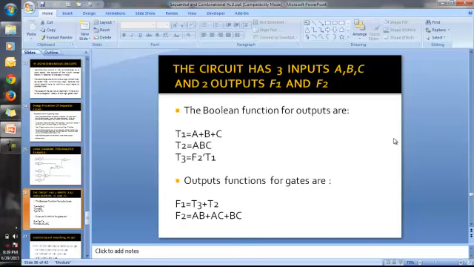Based on the circuit given there, the Boolean functions for the outputs are T1 equal to A plus B plus C, T2 is equal to ABC, T3 is equal to F2 dash T1. The output functions for the gates are F1 and F2.